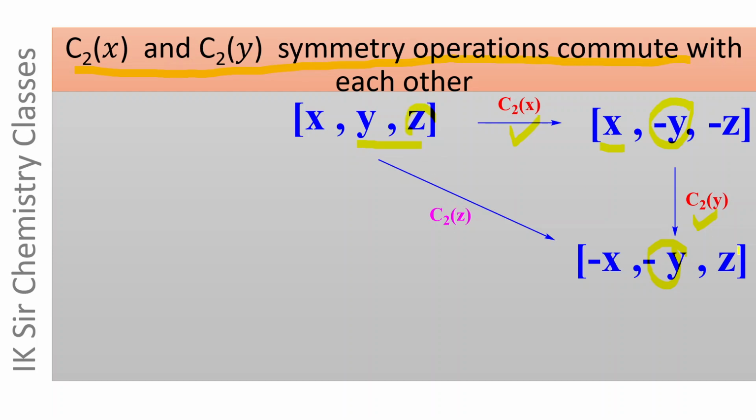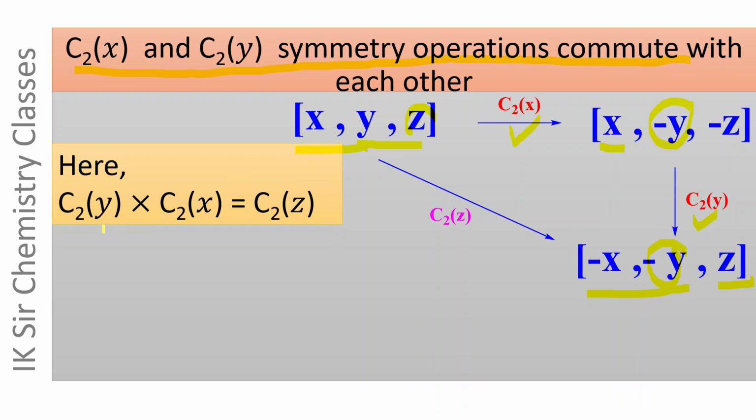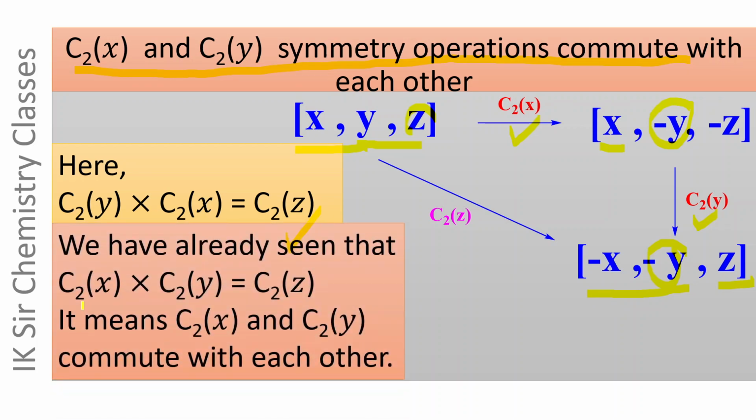The z will have the same sign while x and y will have reversed sign. It means C2y multiplied by C2x is equal to C2z, and we have already seen that C2x multiplied by C2y is also C2z. It means C2x and C2y symmetry operations commute with each other.